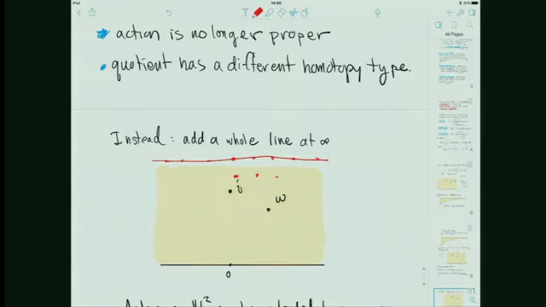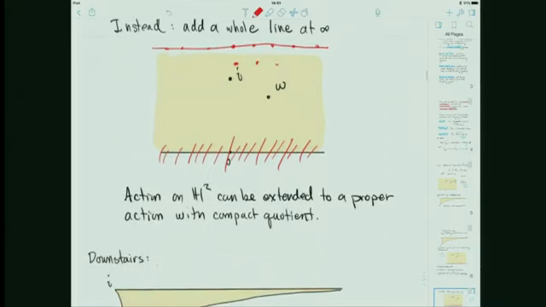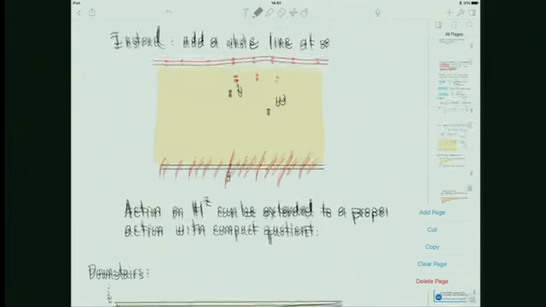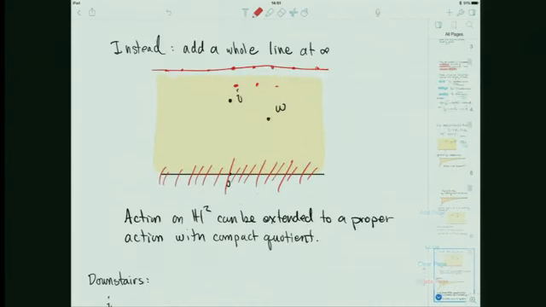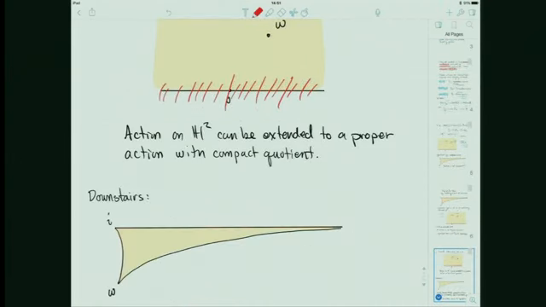But of course, you have to do this equivariantly, so you also have to add a line at every rational point, which is maybe harder to see. Okay? But it's easy to see what happens in the quotient. That line up there just becomes a circle. I just want to add a circle here at infinity.